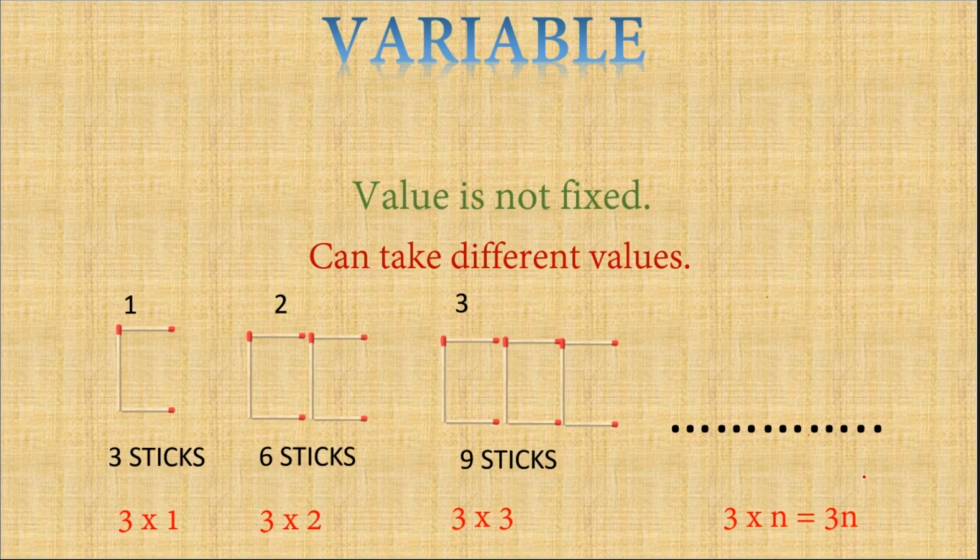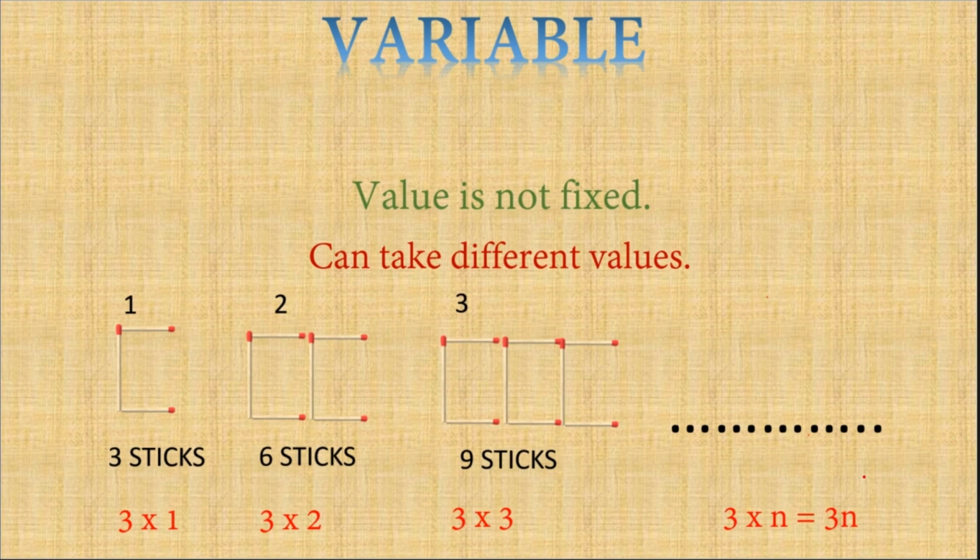This rule can be used to answer questions like how many sticks are required to make 9 C's. Now, in place of n, just substitute 9. 3 into 9 is 27, and 27 gives the answer of how many sticks are required to make 9 C's. Now, this concept is fine.